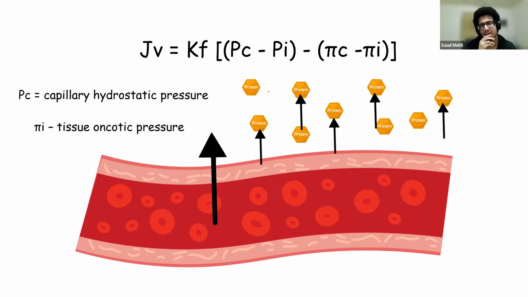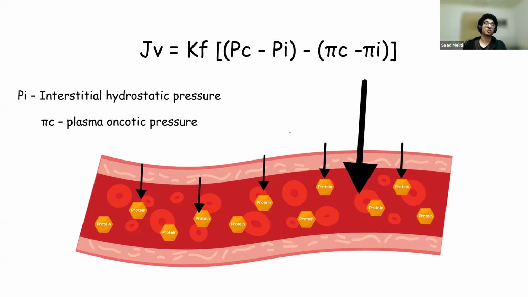Okay, normally I don't think we have proteins, but in the interstitium, if for some reason there were proteins, they would suck water towards them, okay? So they also bring fluid outside of the blood vessel. But in this equation, we have PC, which is capillary hydrostatic pressure, and then the tissue oncotic pressure, okay? These are both things that will bring fluid outside of the blood vessel.